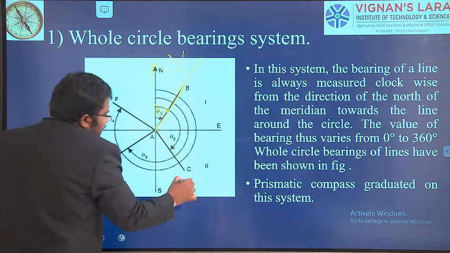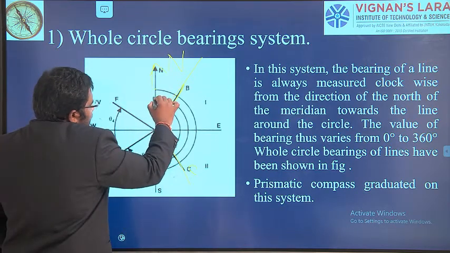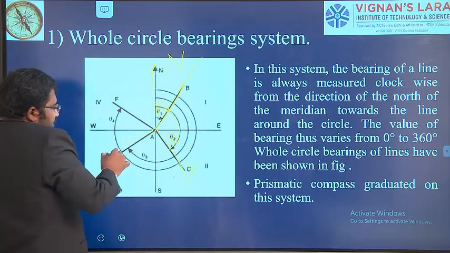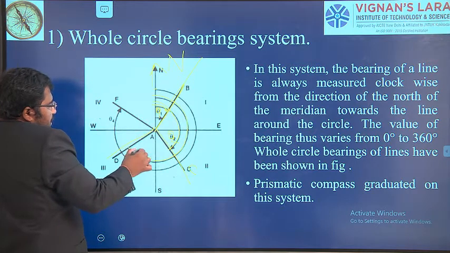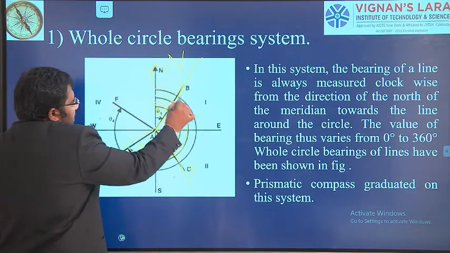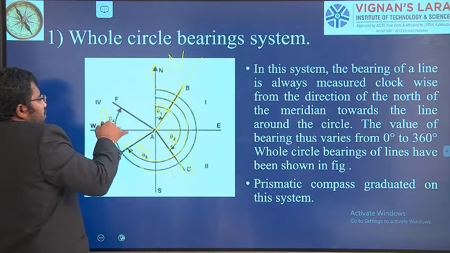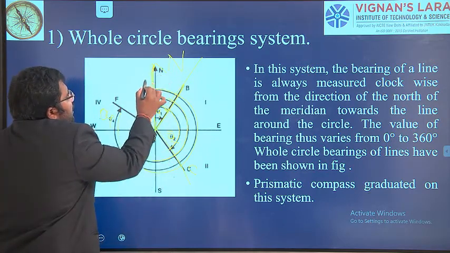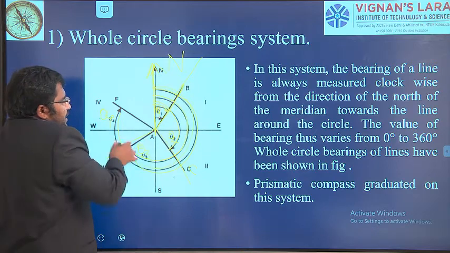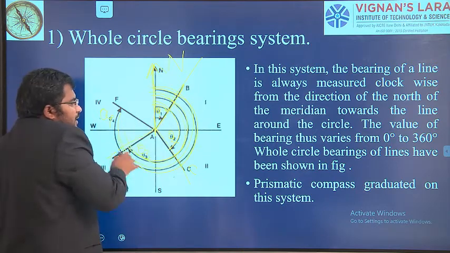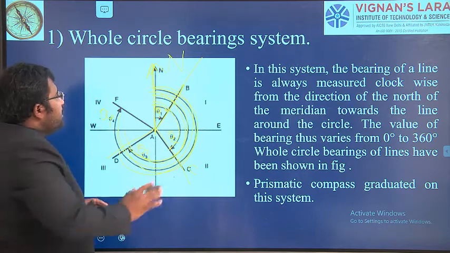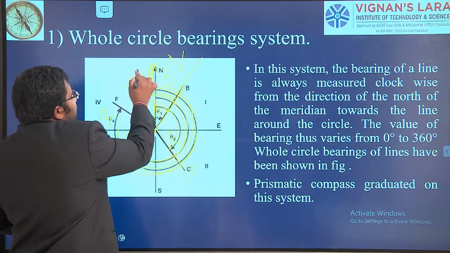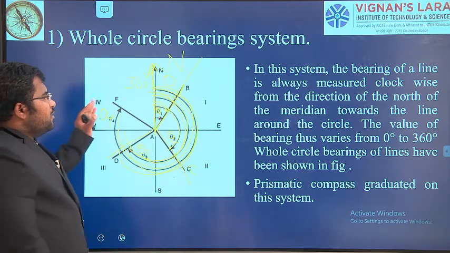Another line C is marked with theta 2, another line D with theta 3, and finally theta 4. Like this, with respect to the fixed north direction, every angle is represented from 0 to 360.